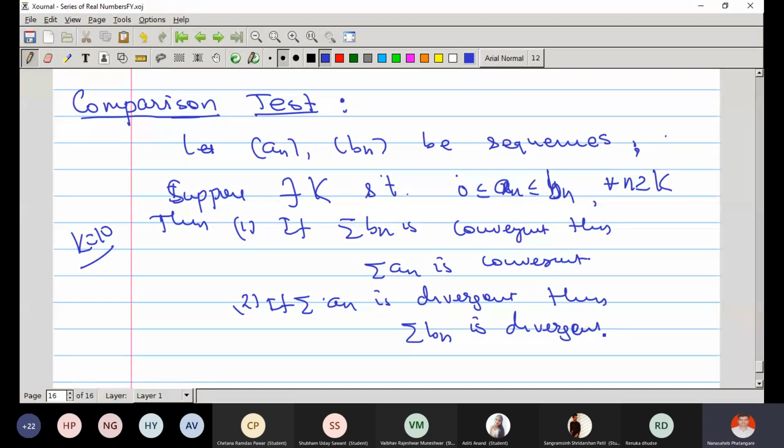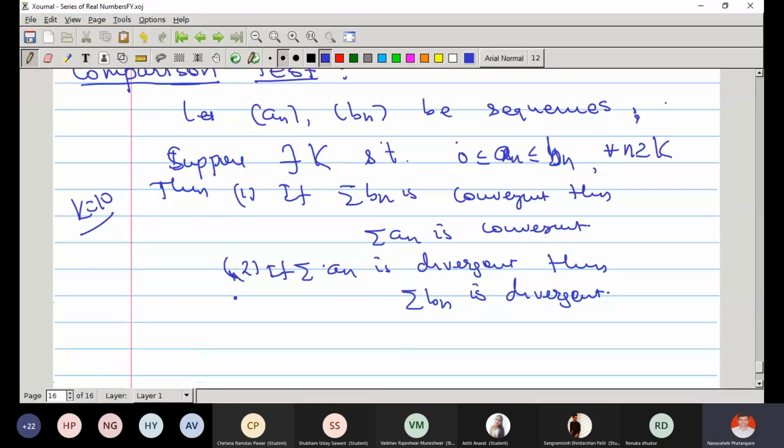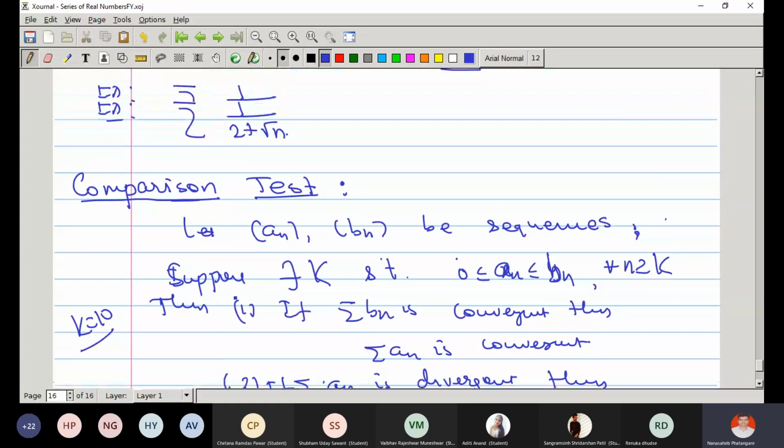That means we are comparing with another series. And if you know the convergence of one of them, we can predict the convergence of the other. That's why we are comparing. So that is a comparison.